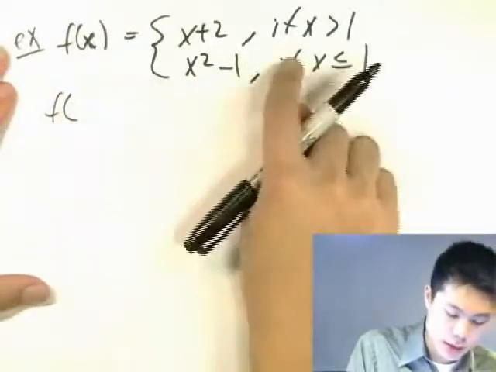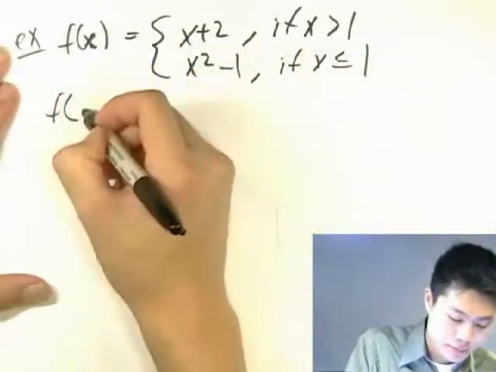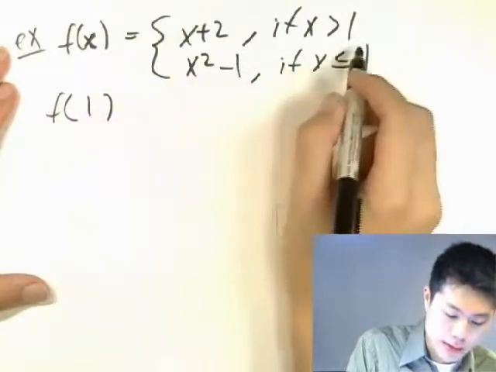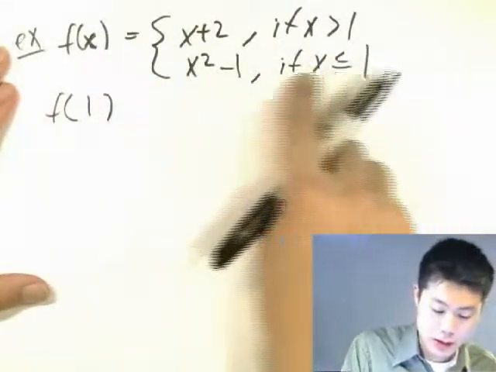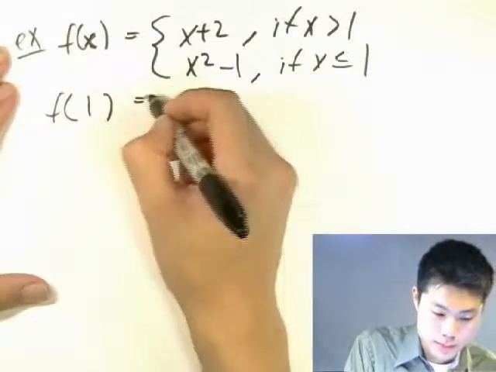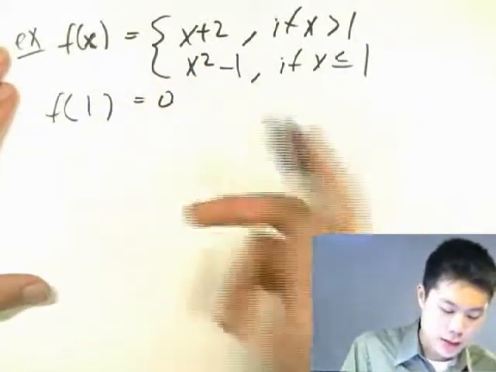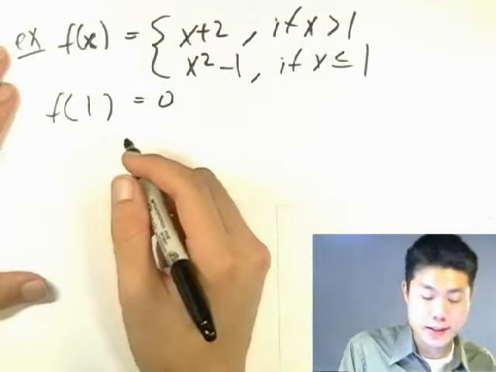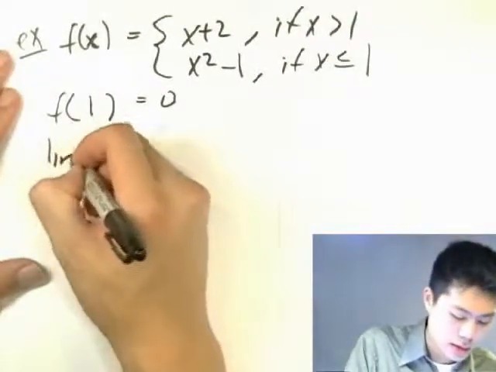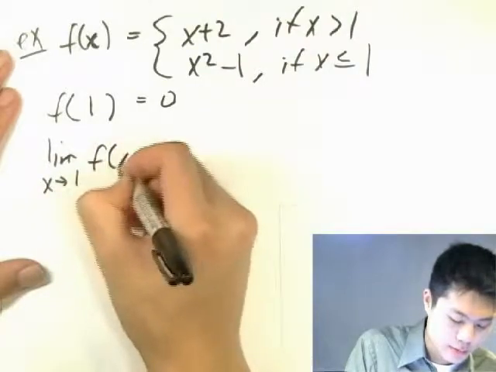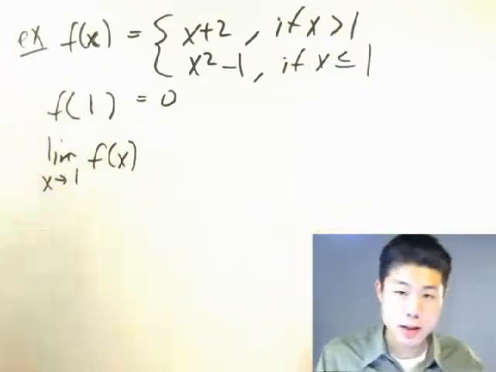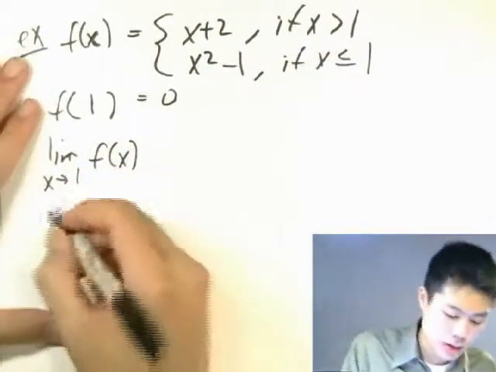So first question is, is f defined at x equals 1? Answer is yes, it is defined and it's equal to 0. Second question. Does this limit exist? To do that, we have to first see if the left-hand limit and the right-hand limit equal each other.